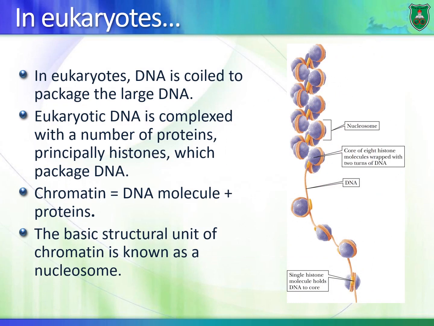Now, in eukaryotic cells, DNA is really large, and it must be packaged into a nucleus. In a single human cell, the length of DNA is about 6 meters long, and it has to fit into a small nucleus.